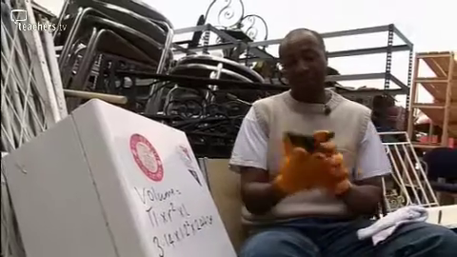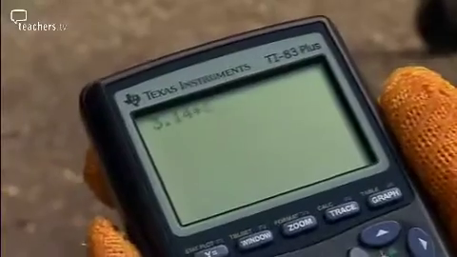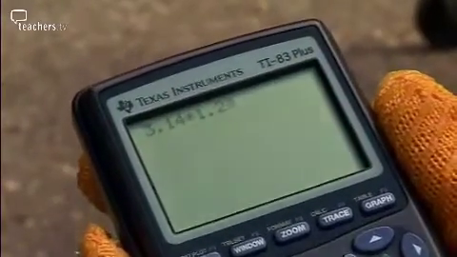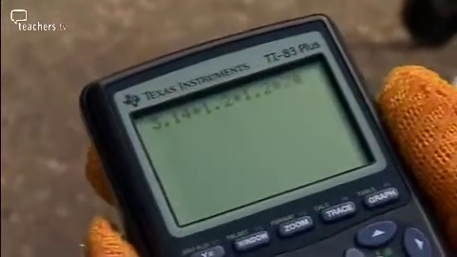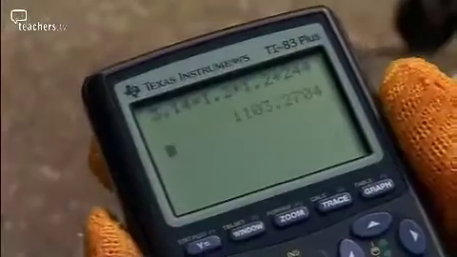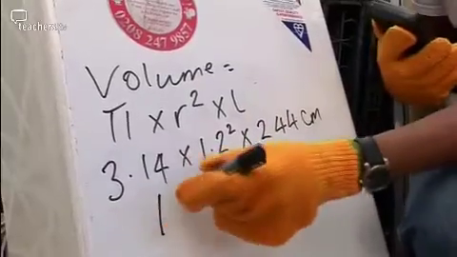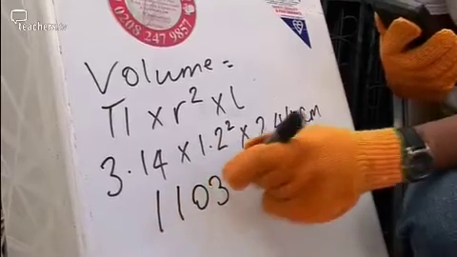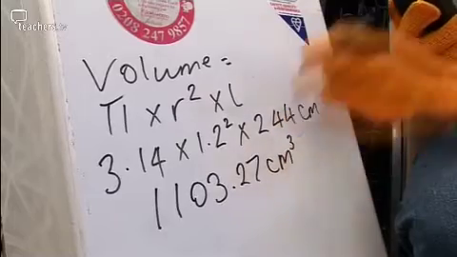That is 3.14 multiplied by 1.2 multiplied by 1.2 multiplied by 244 gives us a total of 1,103.27 centimeters cubed.